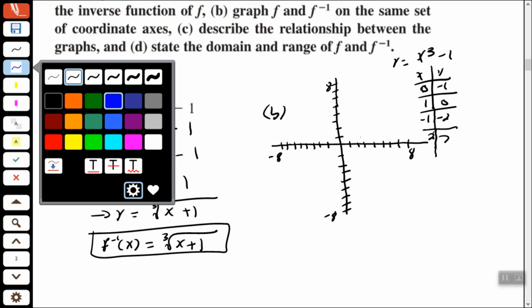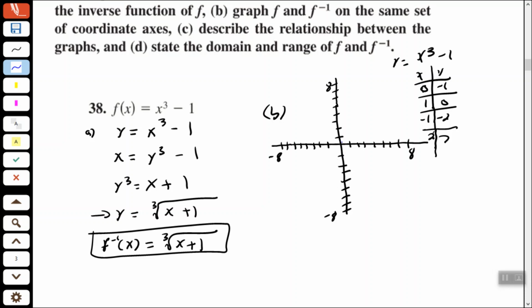Okay, so 0, negative 1. And then 1, 0. And negative 1, negative 2. And again, I recommend you do this in Desmos. It'll be a lot more accurate. And then 2, 7.